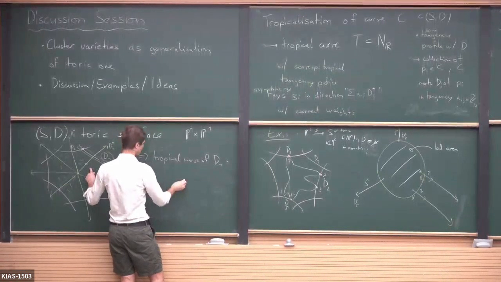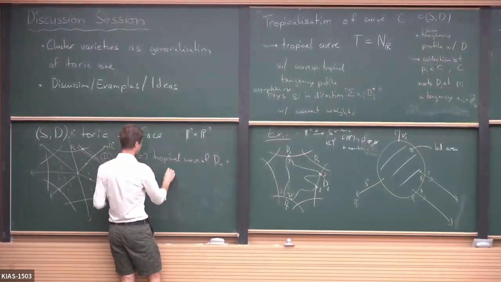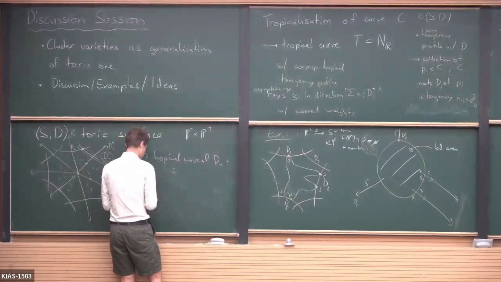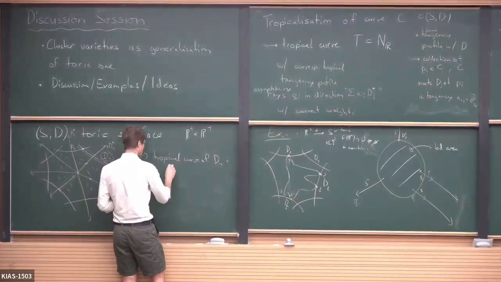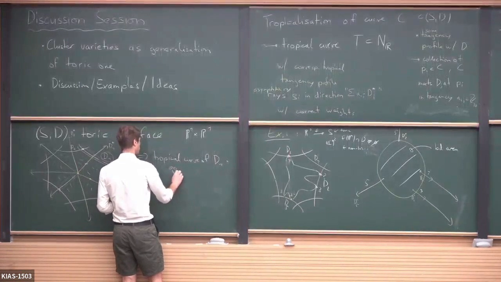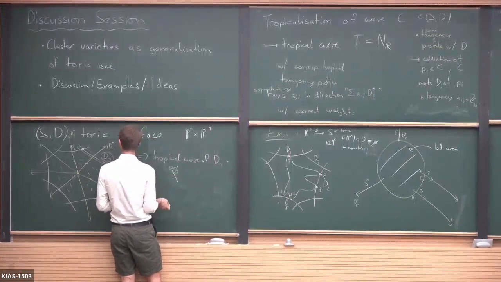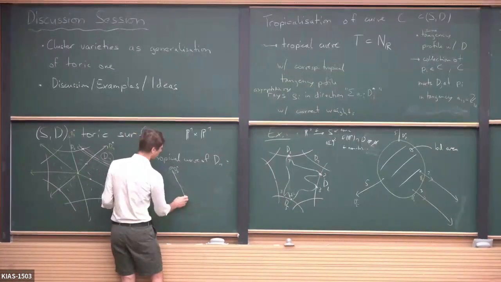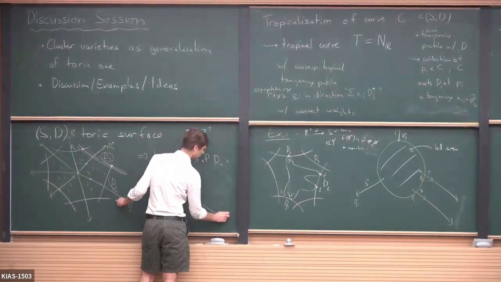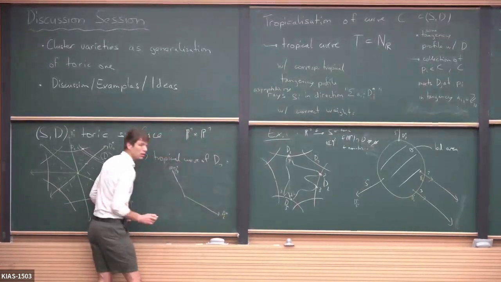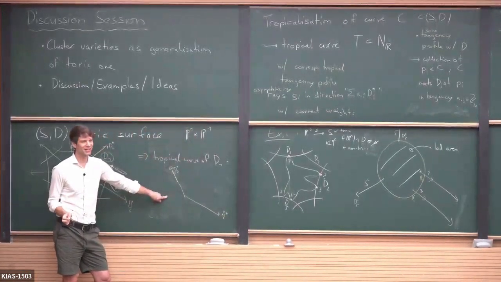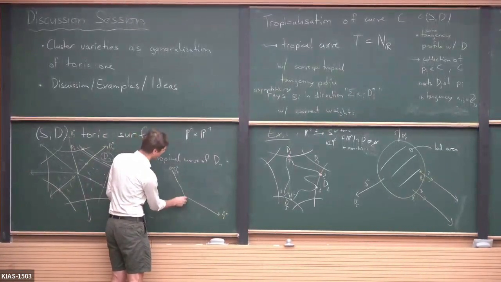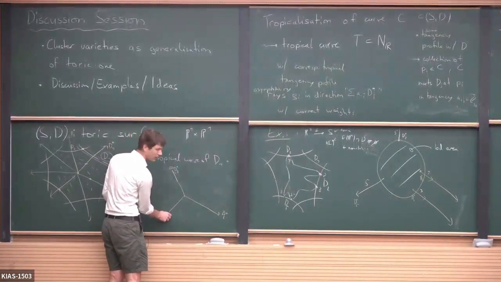So it has a ray which is D2 star. It has a ray which is DL star. And now to make this balanced, I can tell you right away, you can see from the picture that it has to go in that direction, right?